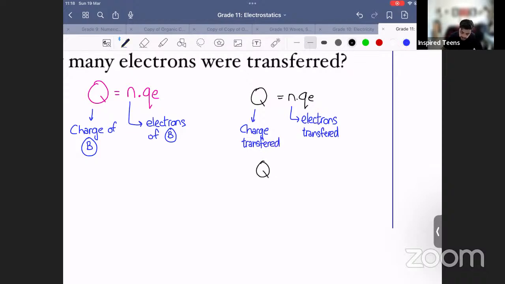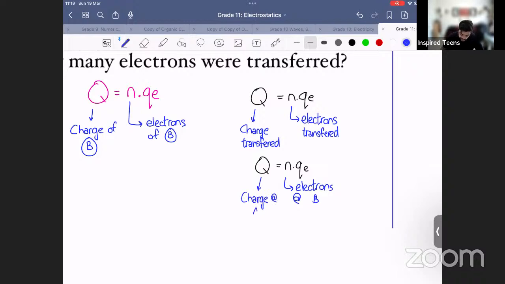Okay, what happens if you wanted the amount of electrons at A, whatever A is? You need the charge at A. They always need to match.